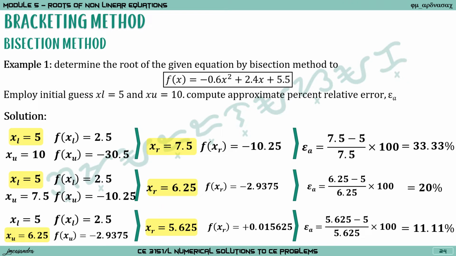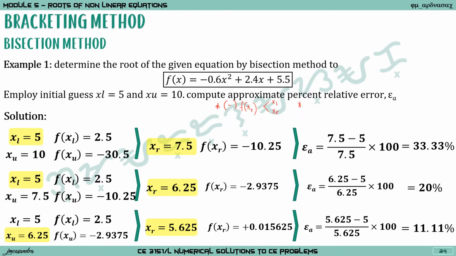So take note, shortcut: if we have a negative value for your f of x sub r, then we have our limits as xl and x sub r.